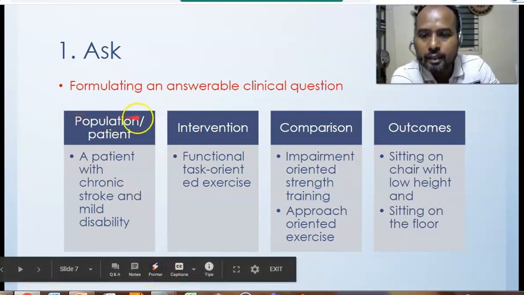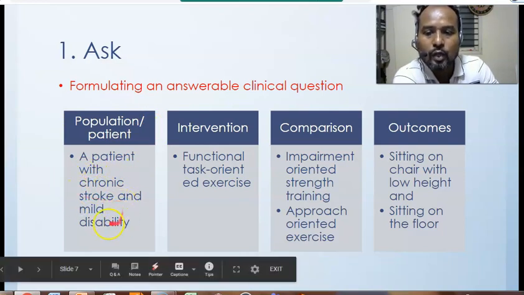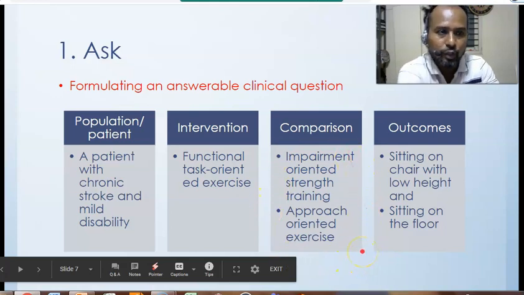As you can see, for the population or patient, I have added the patient information that is clinically relevant to the outcome. So it's a chronic stroke and he has mild disability, and I wanted to see the common treatment, this conventional approach, which is impairment oriented treatment.